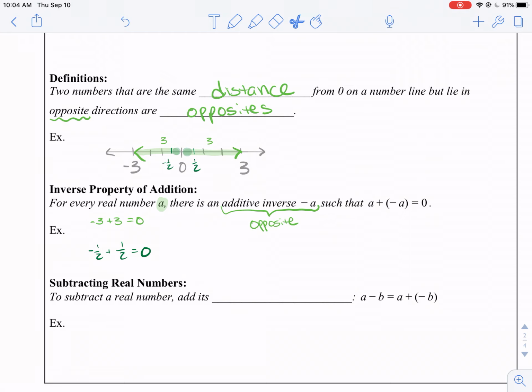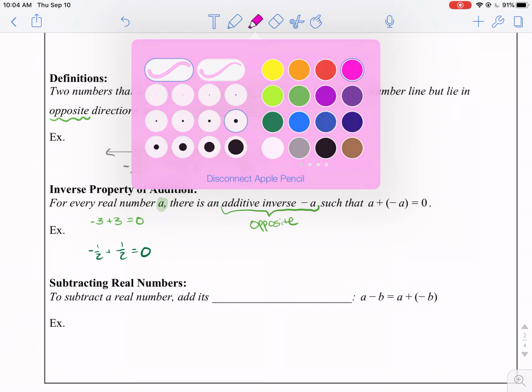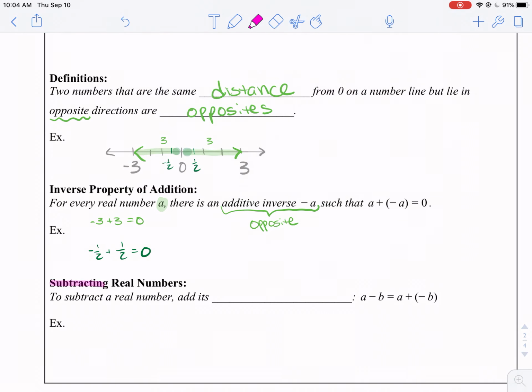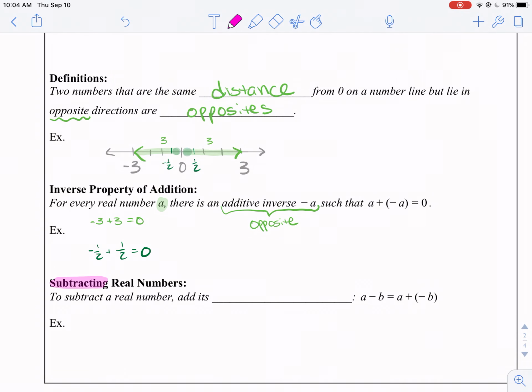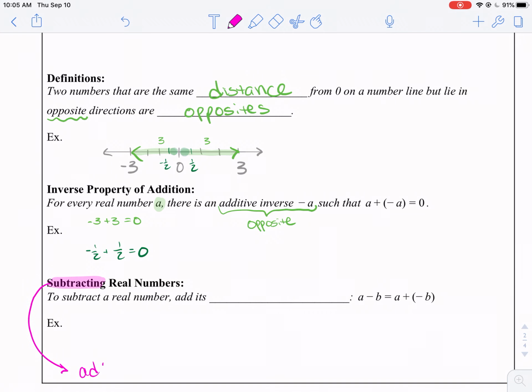Cool, huh? So remember at the very beginning of this lesson when I was talking about subtraction and I said, you know what, we're not actually going to subtract because subtraction is a lie? I meant it. There's no such thing as subtraction, because subtraction is just adding the opposite.